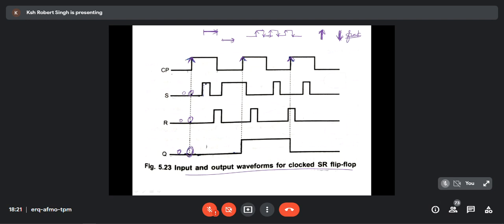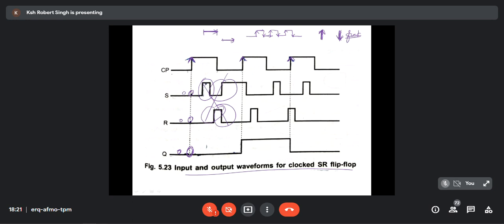Yes, no change. Then input has changed, S has set. Sometimes there are so many changes in the input, but the clock is saying, I don't bother. I have just opened my eyes, and at that point of time, whatever the value is, accordingly it is 0.